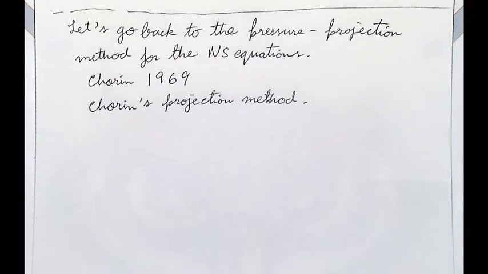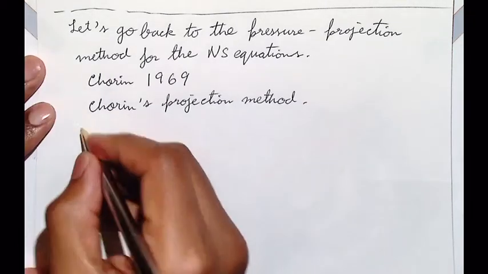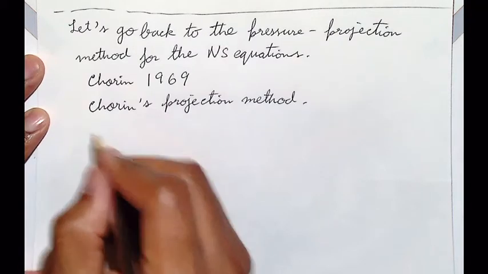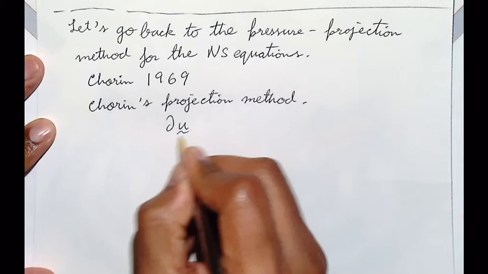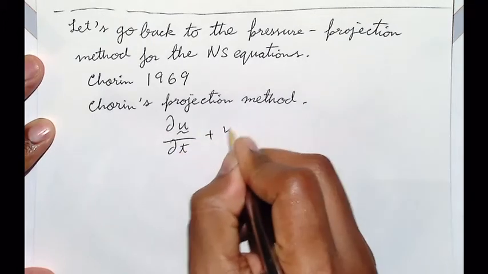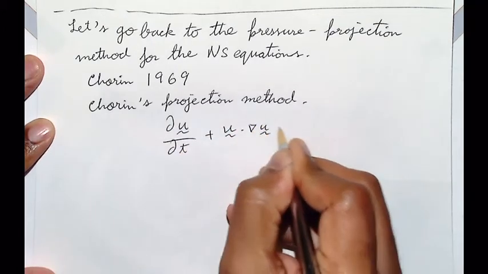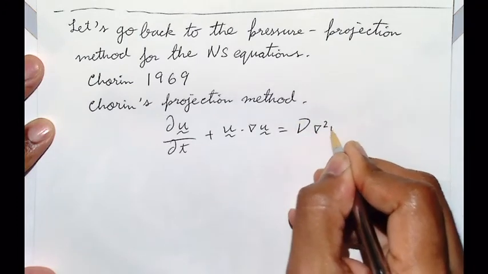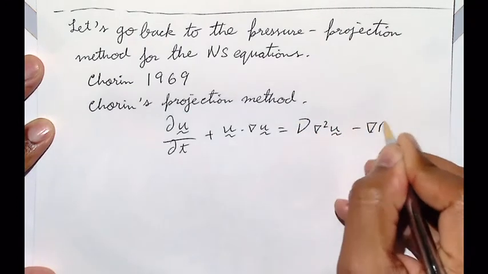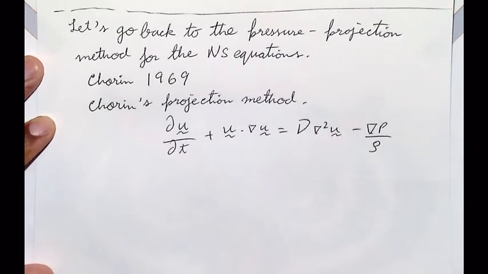Okay. So we have a few different options for splitting the Navier-Stokes equation. The Navier-Stokes equation is again du/dt plus u dot nabla u equals nu nabla squared u minus nabla p over rho.